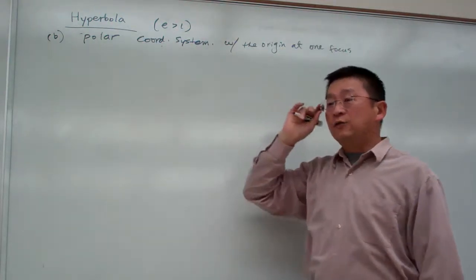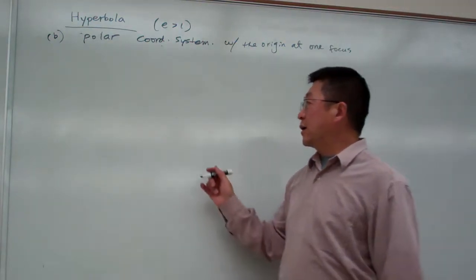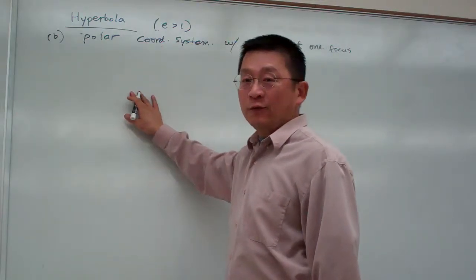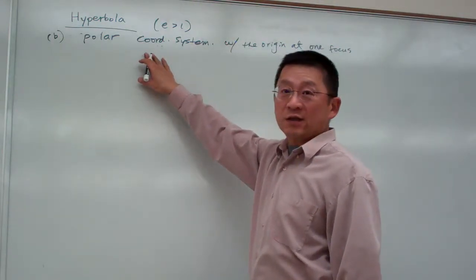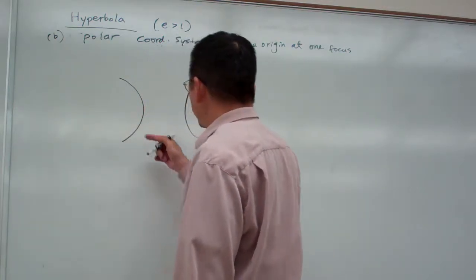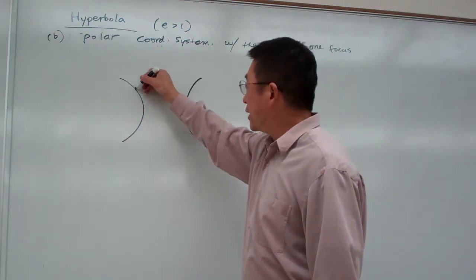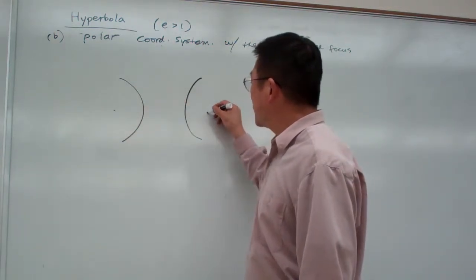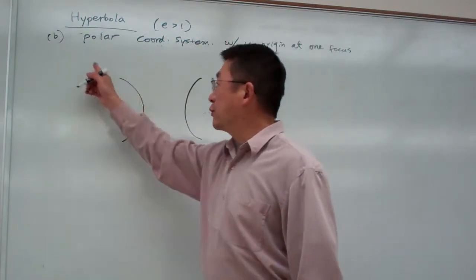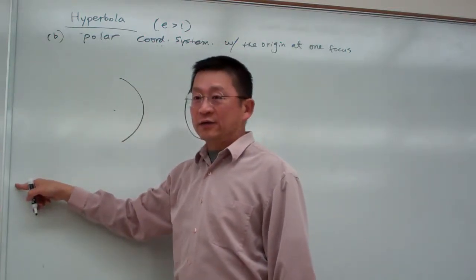For this one, what I want to show is, right now you just listen, I give you a heads up for why we want to do the second option. For a hyperbolic orbit, we have two branches. For either branch, if we have, say, this is a focus here, and once the celestial object is on one orbit, then it will go to infinity, or we will go around and go to the other direction.